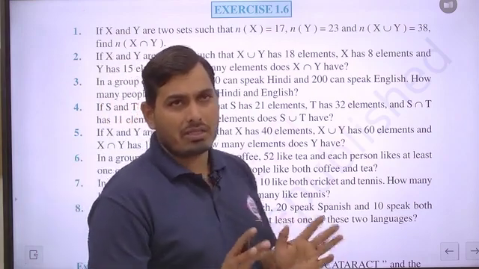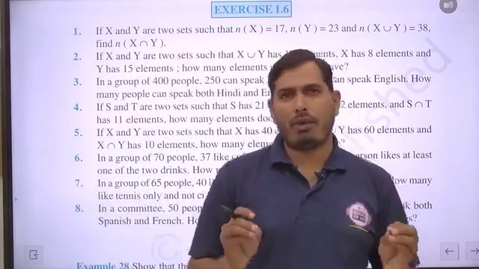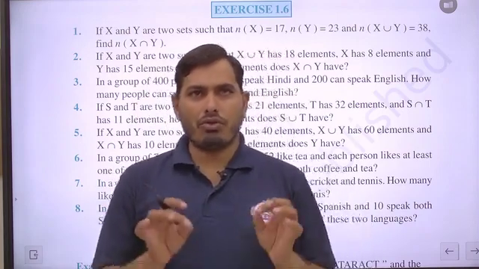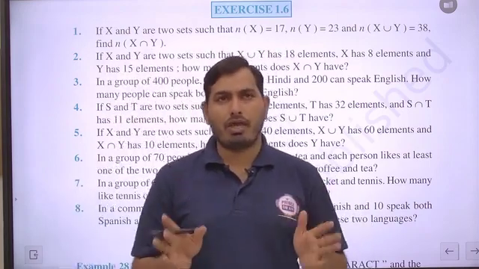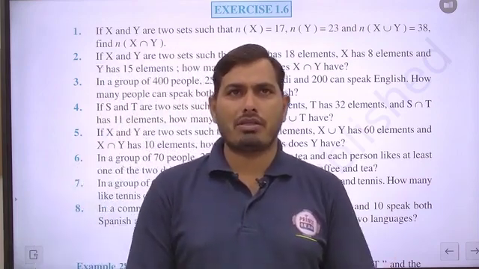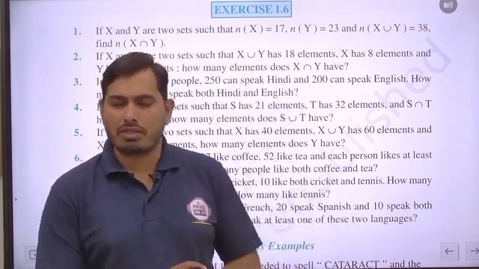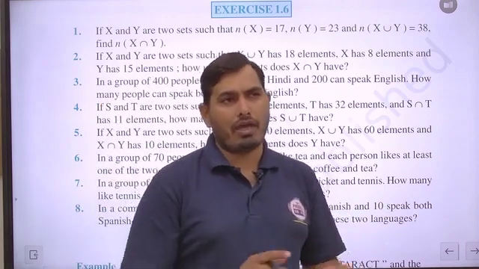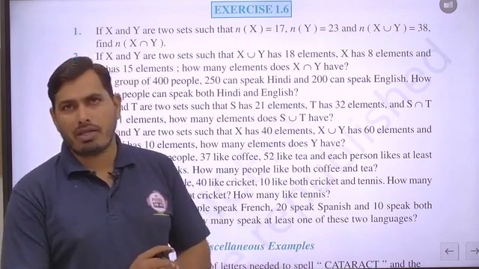In this case, students, we only have to apply the basic formula of the union of two sets, because in the union of two sets, n of A union B, we write n of A plus n of B minus n of A intersection B. Here n of x is given as 17, n of y is given as 23, and n of x union y is given as 38.